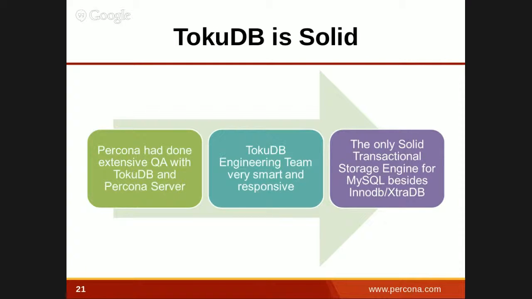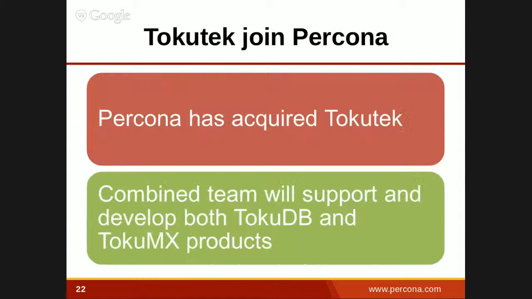And I would say from my standpoint, that was the first non-InnoDB storage engine which was actually pretty mature. Because with most storage engines, you can create a table and insert a couple of rows, but if you really put them under stress, they just fail. And TokuDB was pretty robust. So I would say that is the only other solid transactional storage engine beyond InnoDB and XtraDB.